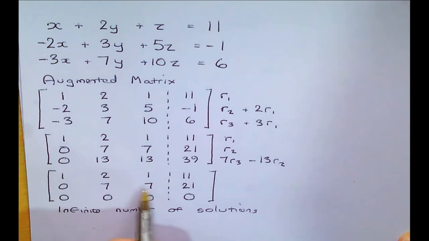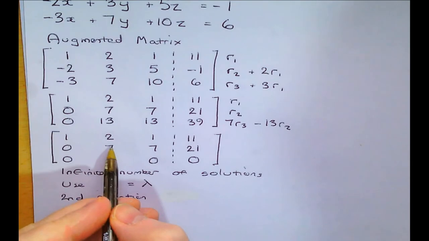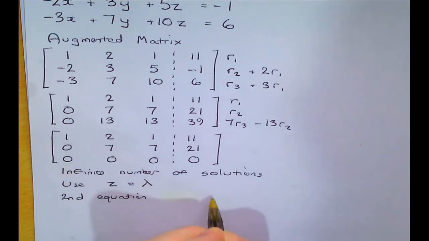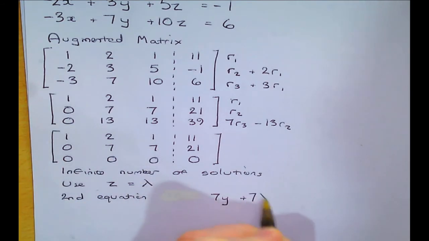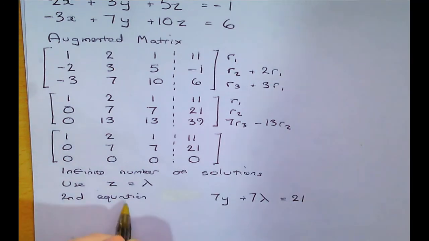We could set z equal to a parameter. We'll use z is equal to lambda. Our second equation, 7y plus 7z, which will be 7 lambda, is equal to 21.